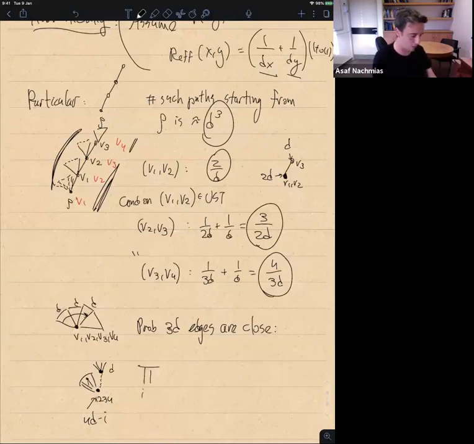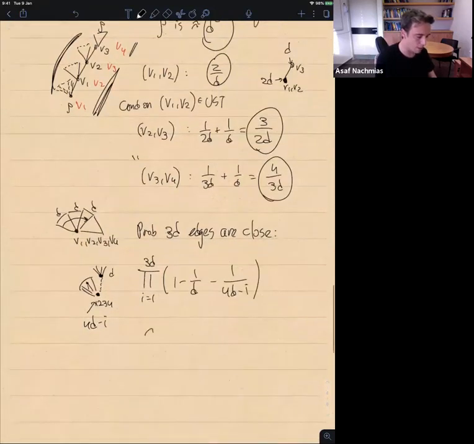So let's write this product, i from 1 to 3D, of 1 minus the probability that it's open, and that we already know by our assumption is the sum of the inverses of the degrees. So this will be 1 over D minus 1 over 4D minus i. Let's estimate this the calculus 1 kind of way.